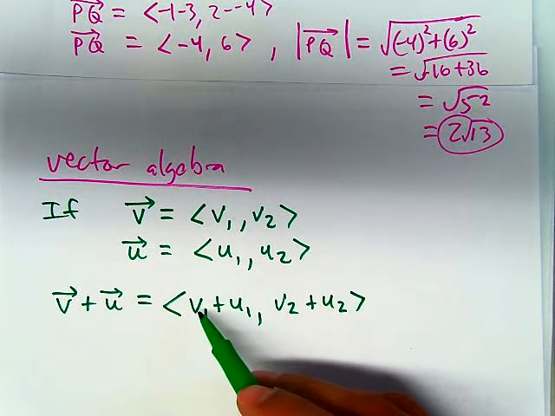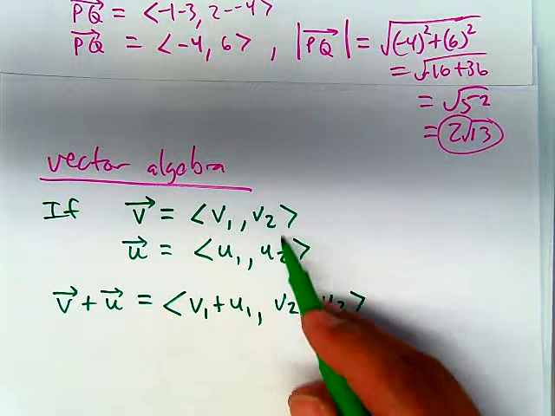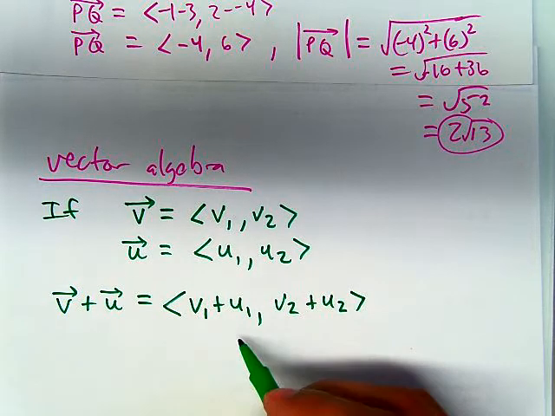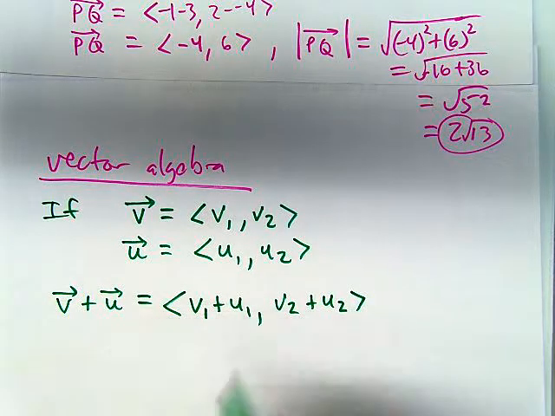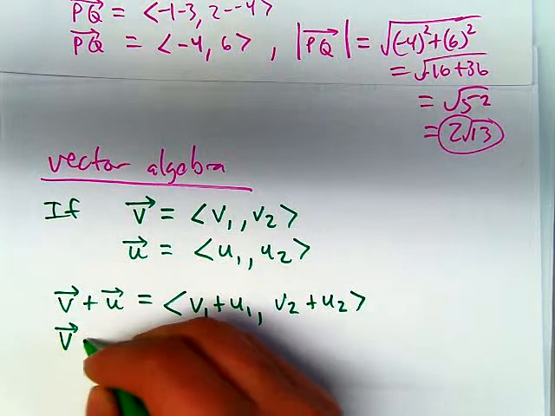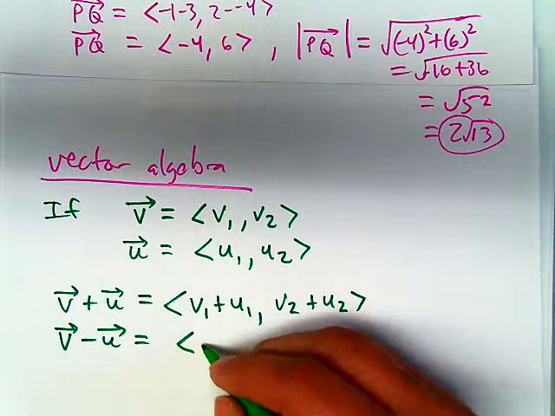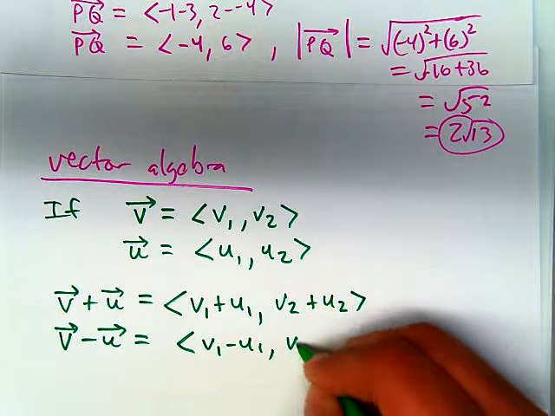So you simply take the two horizontals, add them up, the two verticals, add them up, and that creates your new vector, v plus u, which will look like that. And subtracting is really the same. You would just do v1 minus u1 and v2 minus u2.